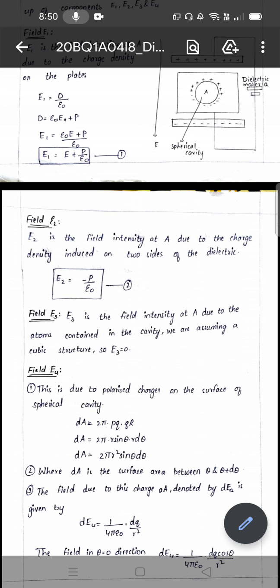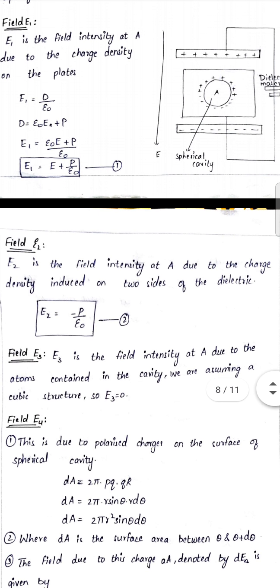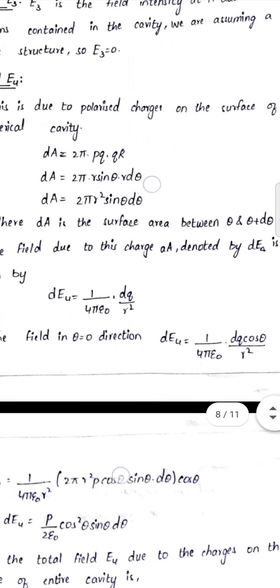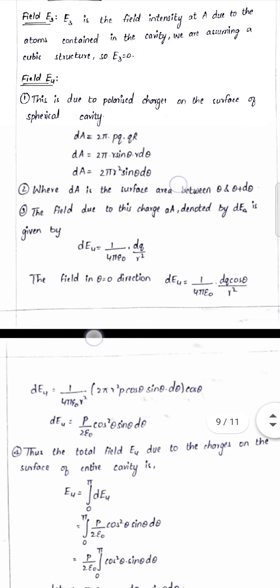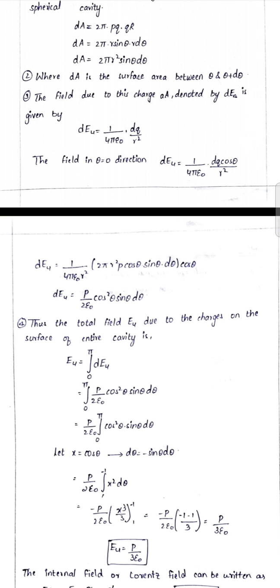Now the field due to it is dE4 equal to 1 by 4 pi epsilon naught into dq by r square. The field in theta equal to 0 direction is 1 by 4 pi epsilon naught dq cos theta by r square, and by solving all this we get dE4 is equal to P by 2 epsilon naught cos square theta sin theta d theta.